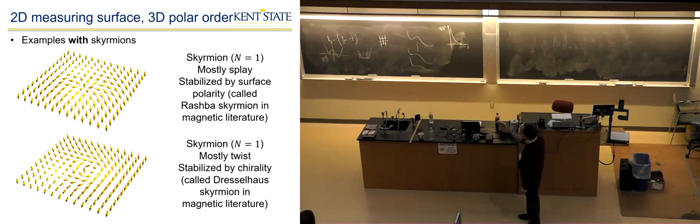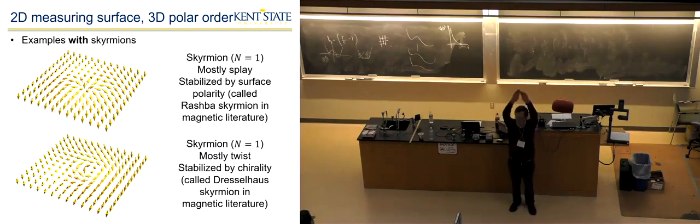This is another variation where everything is twisted. If you're right at the center, the vector is pointing vertically. As you go out, it tips over, but instead of tipping over like this to make splay, it tips over like that to make twist.